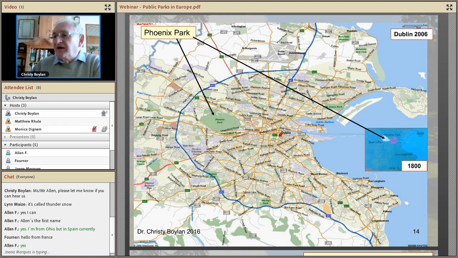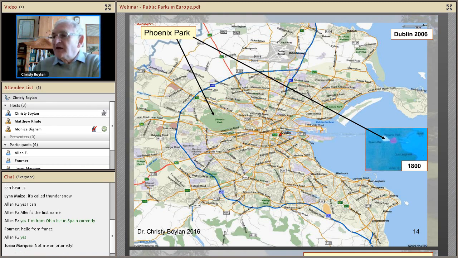And Dublin at that time was the second city of the British Empire. But there's the size it was, that little purple blob. And you can see the Phoenix Park was even bigger. And now, of course, the Phoenix Park is small compared with the city. So this is how changes over time have made an impact on it.